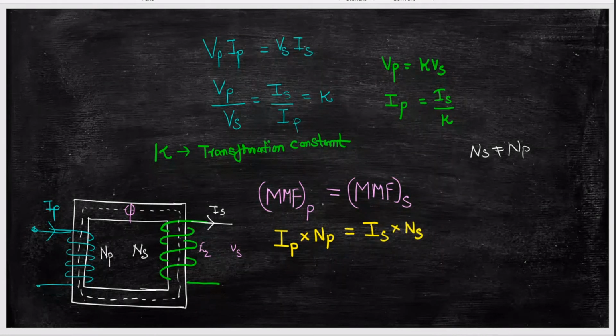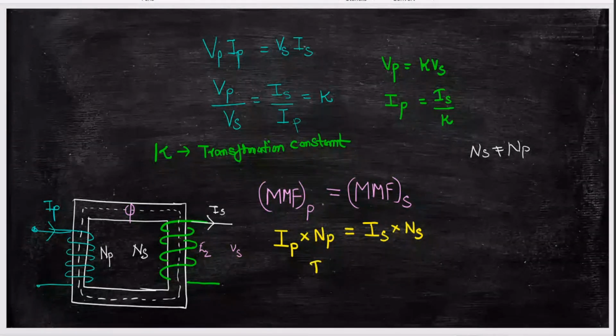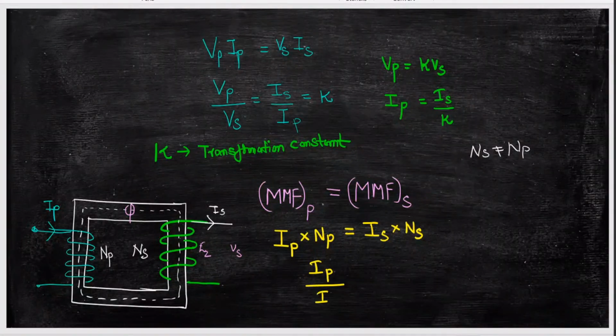Now, from this, what is IP by IS? IP by IS is equal to NS by NP.